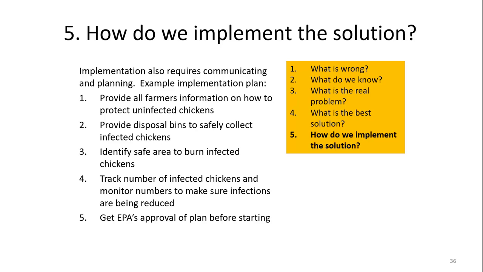We'd need to provide a safe way to collect the infected chickens and also a safe area to burn them. We would also want to have some sort of tracking to monitor and make sure that the number of infections are being reduced. And most likely, we would need to get the Environmental Protection Agency to sign off and approve of this plan before we get started.